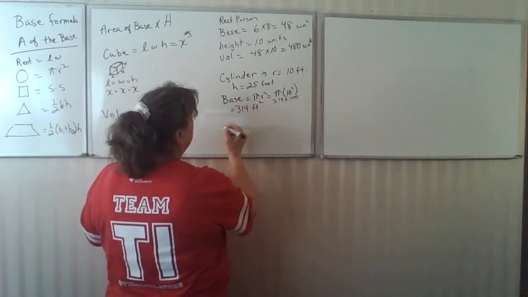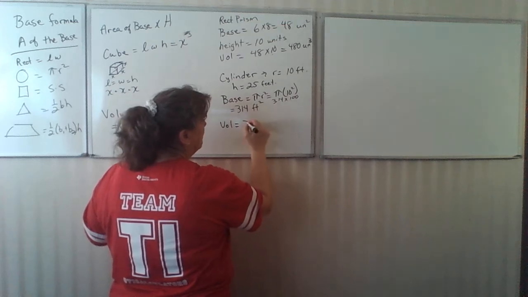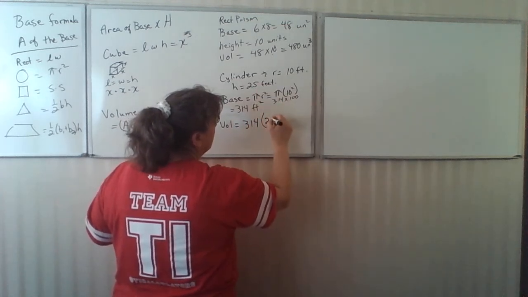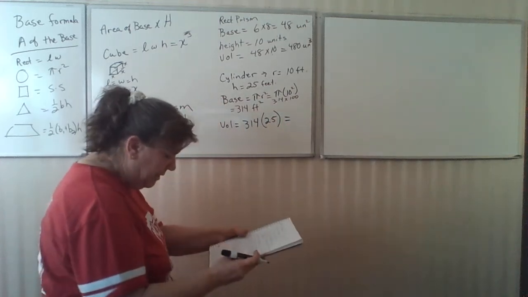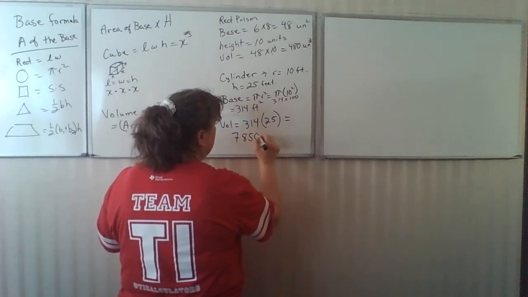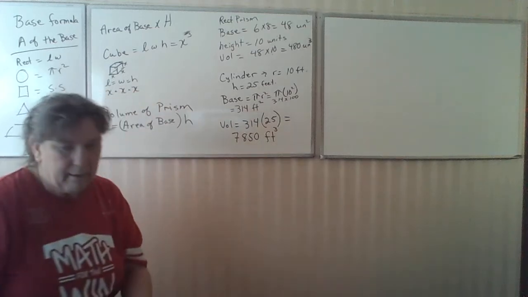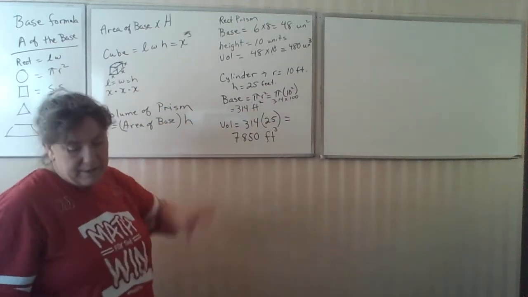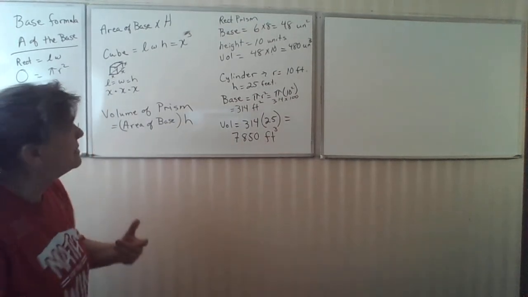So my volume is equal to the area of my base times the height of my cylinder, which is 25, and that's going to equal 7,850 feet cubed. Okay? Now, we've learned how to do the volume of these two things. But what about pyramids and cones?